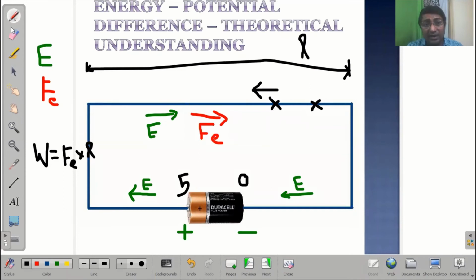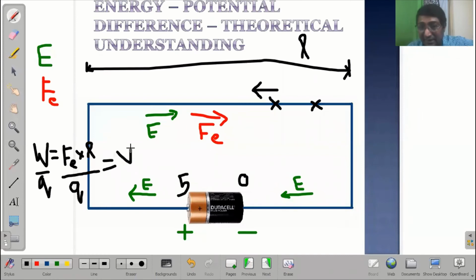The work we are speaking about here is the amount of work done on all the 1,000 electrons in this wire. But if I speak about a single electron, then I have to divide work done by the charge of that single particle. So work done per charge, W by Q, this is nothing but the potential or potential difference.